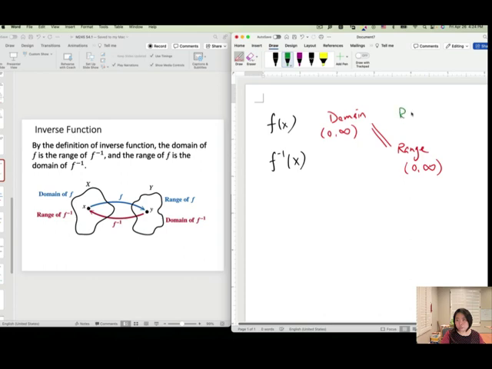If my range here is, for example, negative 1 to positive infinity, then that will be equivalent to the domain of the inverse function, negative 1 to positive infinity, and these two will be equal to each other. This is the relationship. The domain of f of x will be equal to the range of the f inverse function, and the range of f of x will be equal to the domain of the f inverse function.